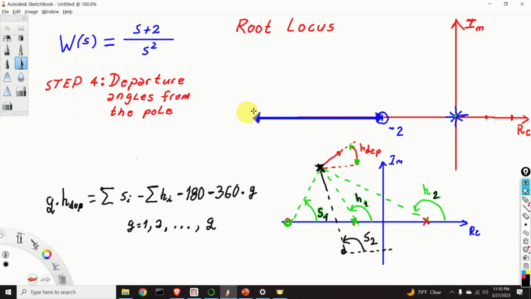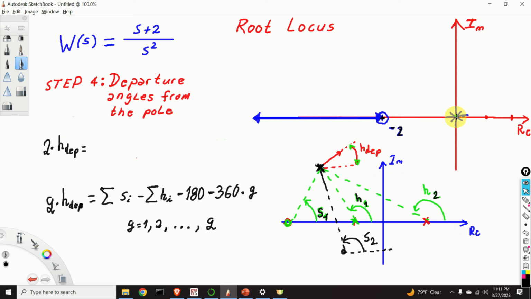Let's apply this formula to our case, and let's see what's happening over here. Obviously, we have two poles, and the multiplicity is equal to 2. Consequently, Q, that is this parameter, is equal to 2. We write 2 times H departure is equal to. Let's see the angles. Over here is the 0 located at -2.